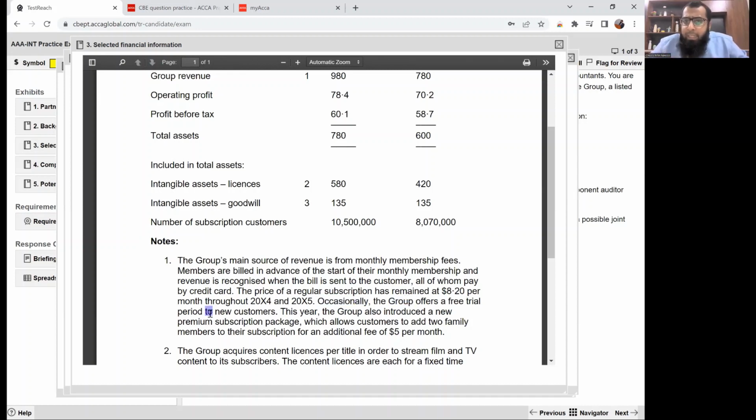So maybe a customer enjoyed a free trial period in the first 3 months. Just think about it. He enjoyed a free trial period in the first 3 months, and then he started the subscription. So he became our customer, but he didn't pay for the entire year. Maybe due to that reason, the per customer revenue has declined.